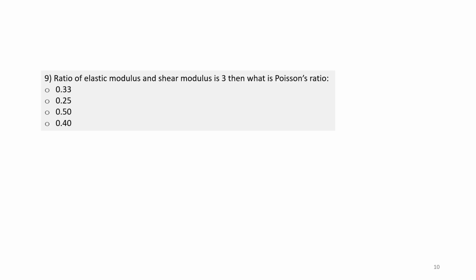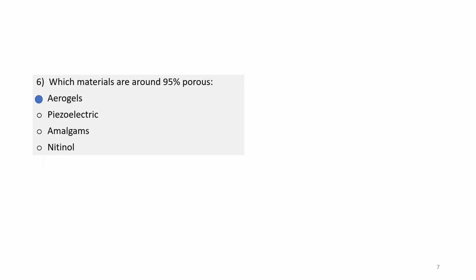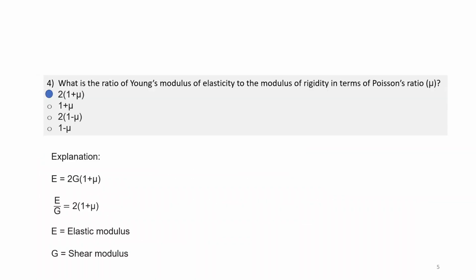Next question is, ratio of elastic modulus and shear modulus is 3. Then what is the Poisson's ratio? So as we saw earlier, the relation between E and G, it was E equals 2 times G into (1 plus mu).